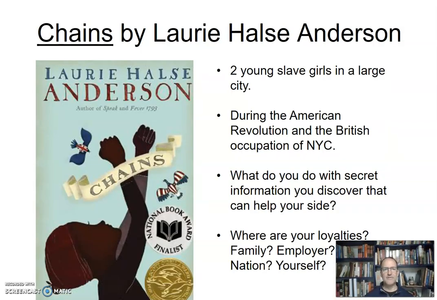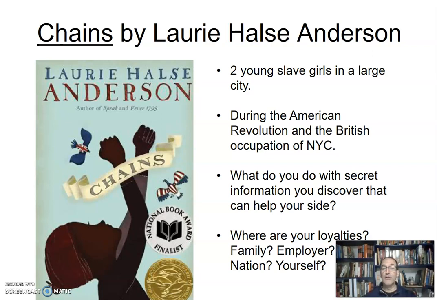Chains is our third option by Laurie Halse Anderson. Has to do with two young slave girls in a large city, mostly New York City, during the American Revolution when the British have taken over the city. The girls have to figure out what do you do with secret information that you discover that might help your side. And where are your loyalties?